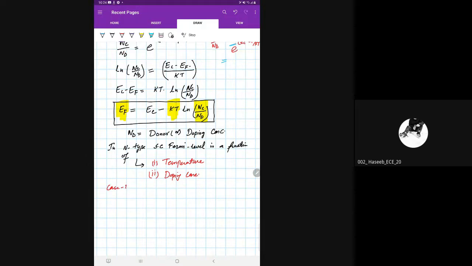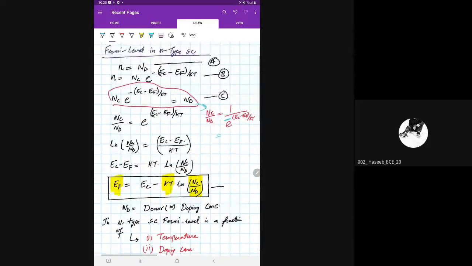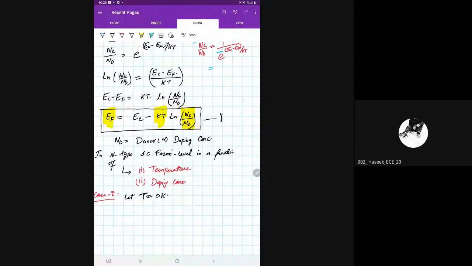Case one: let the temperature be equal to 0 Kelvin. When the temperature is equal to 0 Kelvin, using equation D, what will we obtain?